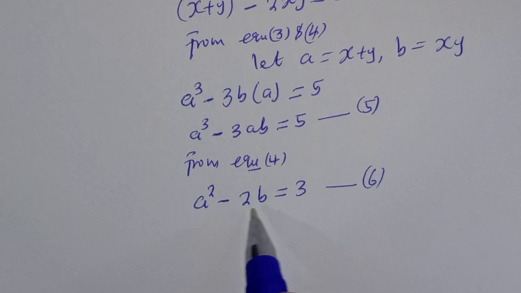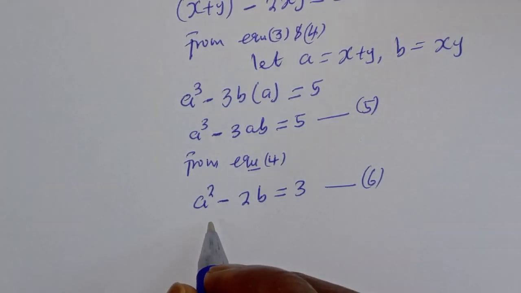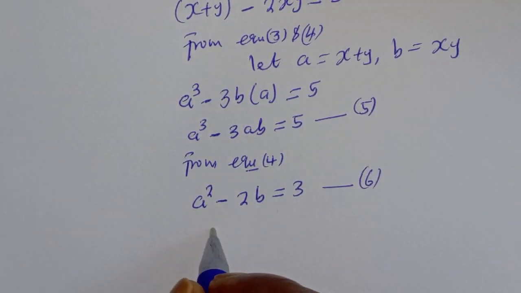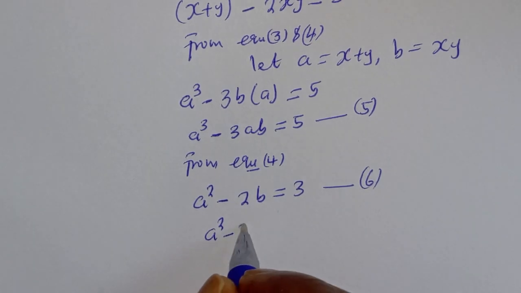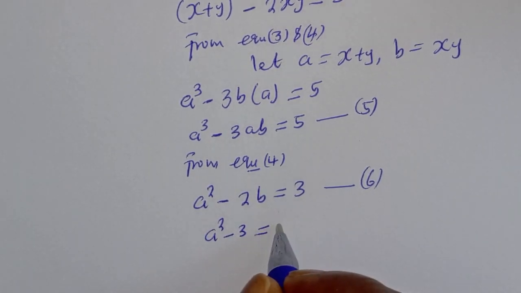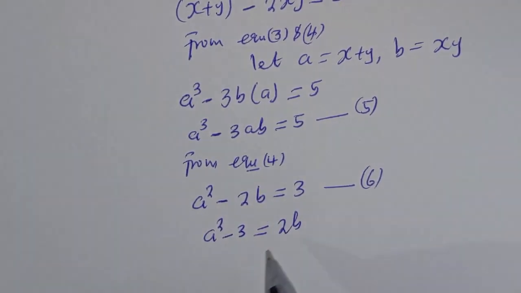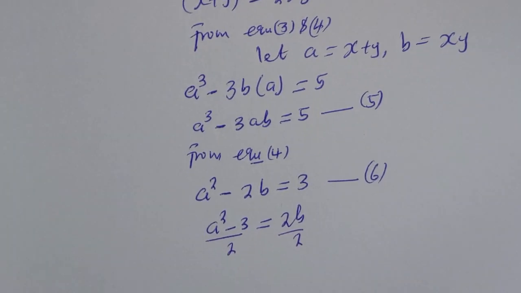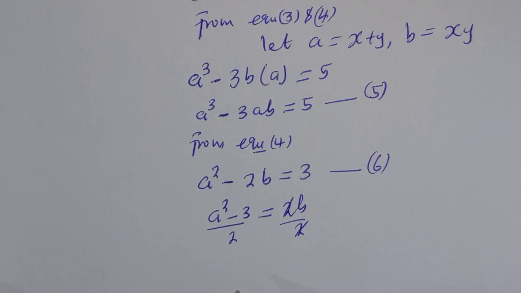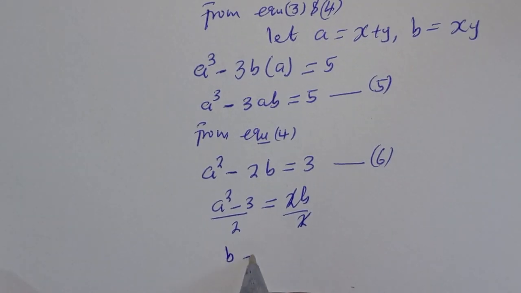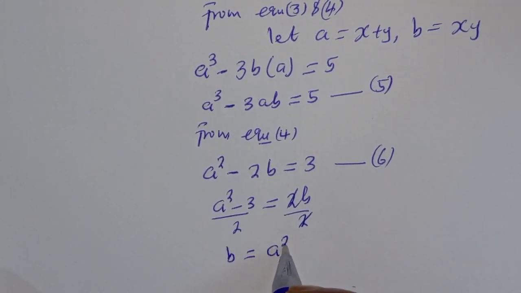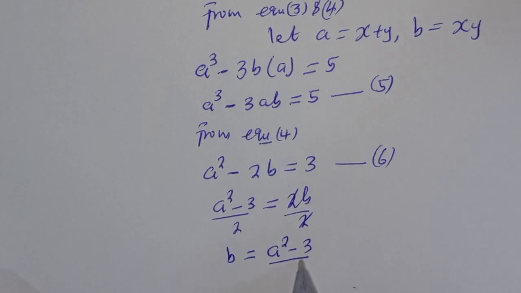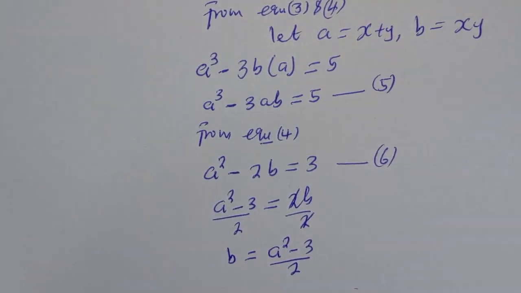From equation 6, we can make B the subject of the formula. Then A squared minus 3 is equal to what? 2B. Now let's divide both sides by 2. Divided by 2, this will cancel this. B is equal to A squared minus 3 over 2.